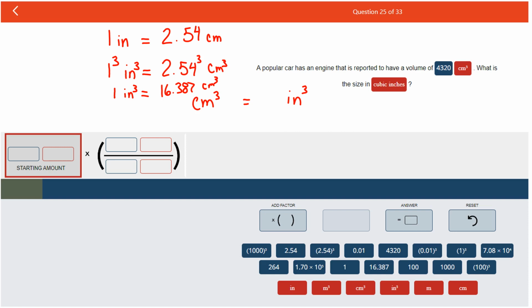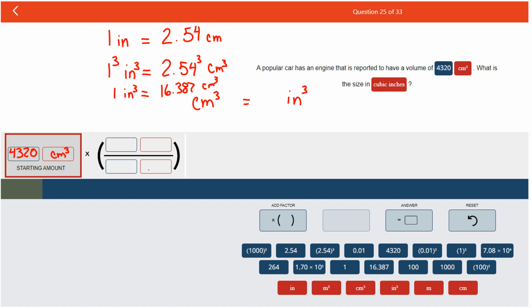All right. So looking at the problem, I'm going to start here. 4320, and that's centimeters cubed. Now I can pull this in.